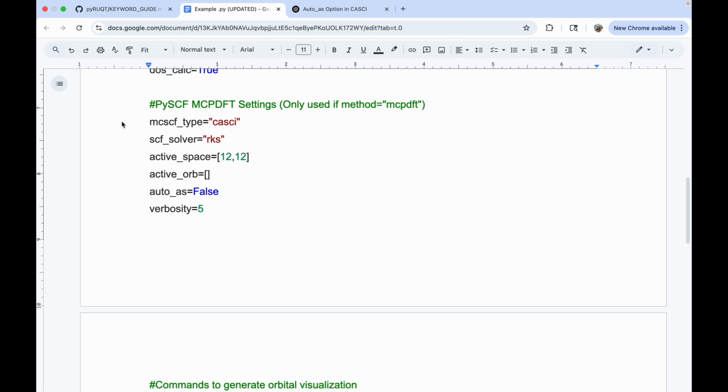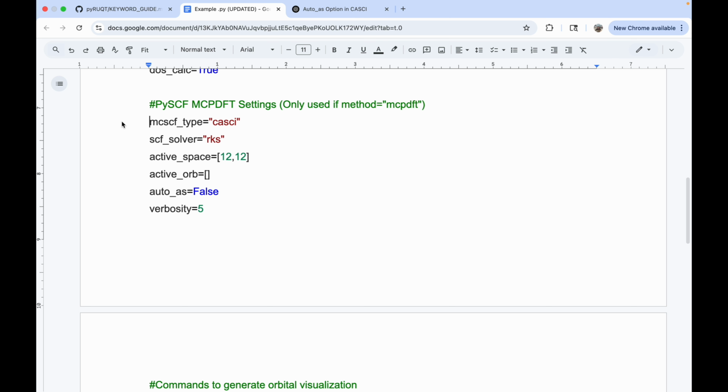So we tend to use CASCI, which is complete active space configuration interaction, and this uses predetermined orbitals. But you could also use CAS-SCF, which is complete active space self-consistent field, and this is where the orbitals are optimized through the calculator. So there's some pros and cons, and you might need to look into what is best for your system.